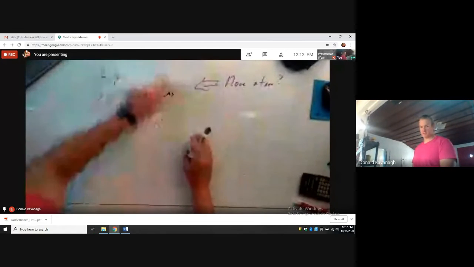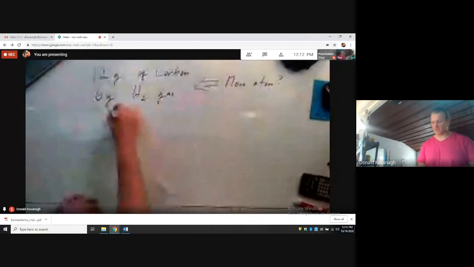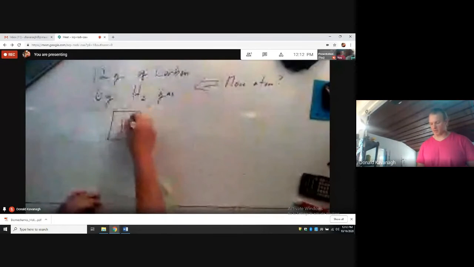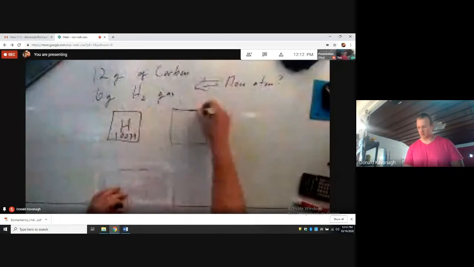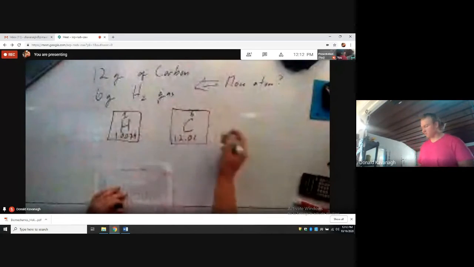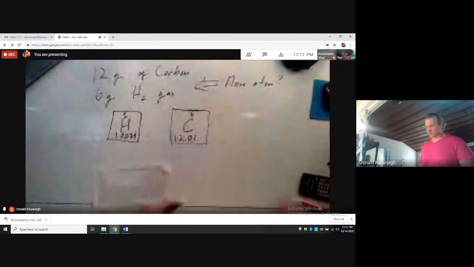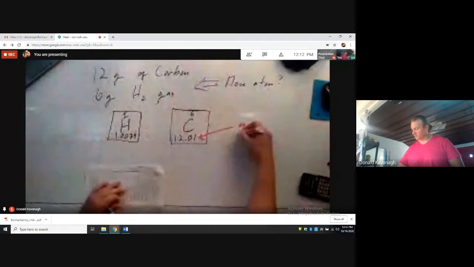In the bottom square of each box on the periodic table, there's usually a number that unfortunately doesn't have units on it too often. And the units of those numbers at the bottom of the periodic table will always and ever be grams per mole.